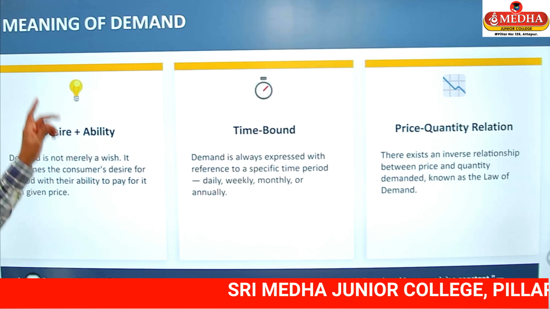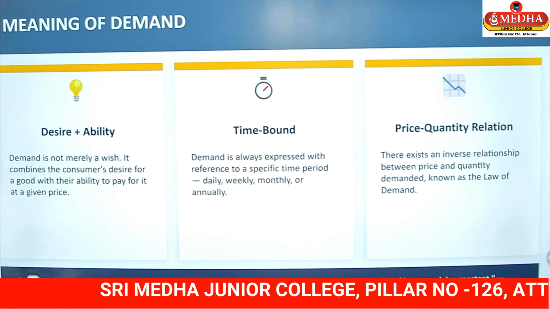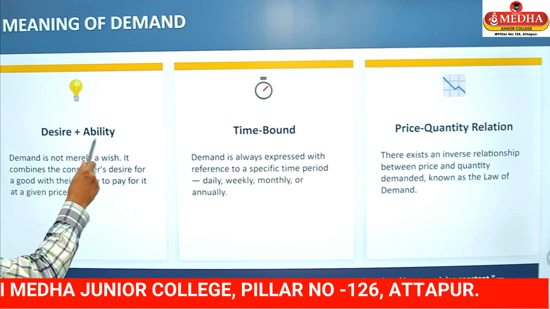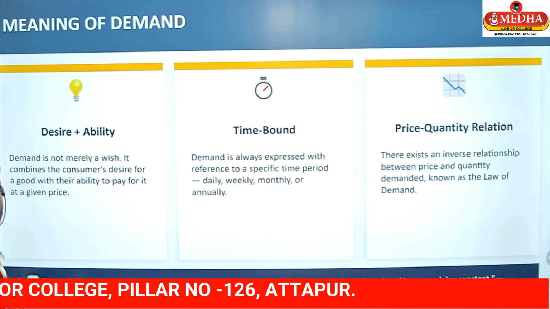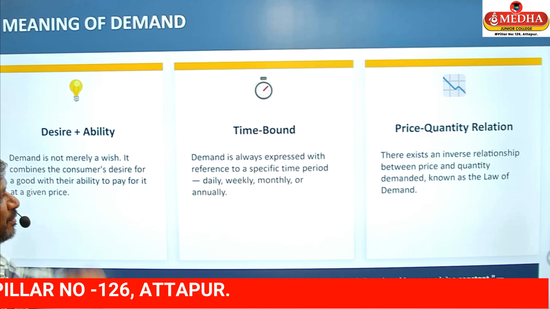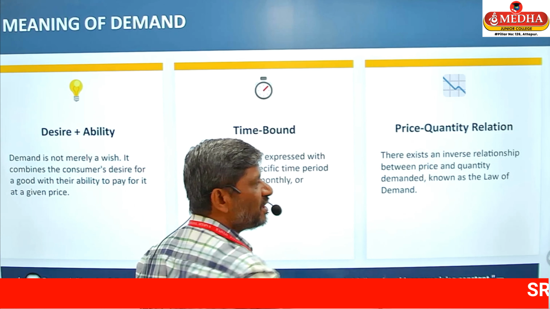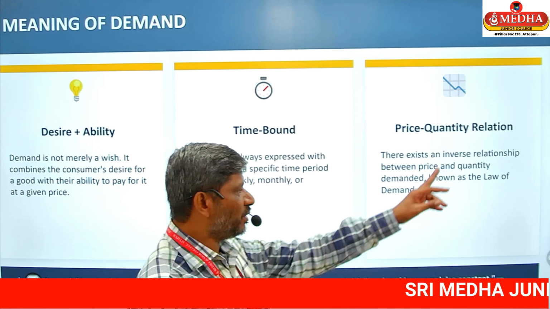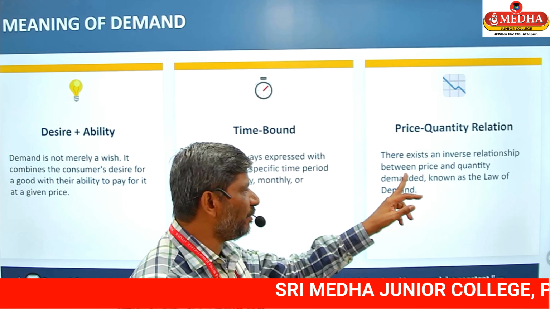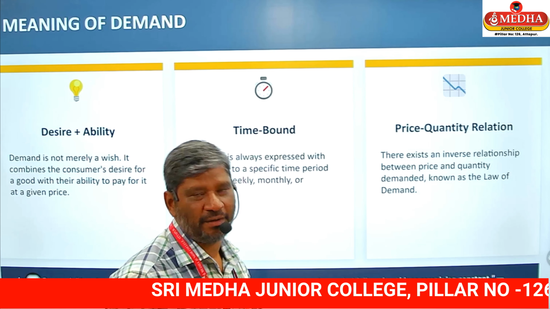Next, as I said, meaning of demand: desire plus ability to pay, then only the demand will be created. How is the relationship between price and quantity? I have told you, an inverse relationship between price and quantity demand.